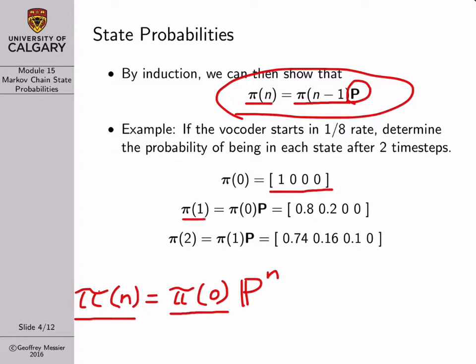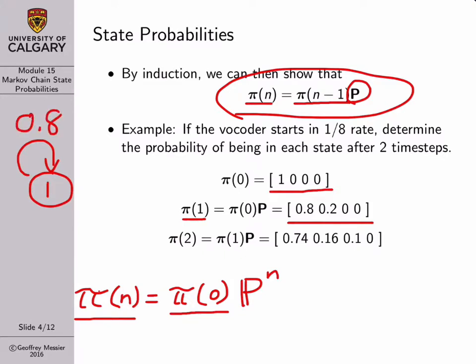After one time step, we can determine the probabilities of being in each state by multiplying pi0 by the probability matrix, and we get this vector. If you look back at our diagram for our Markov chain, state 1 had a loopback probability of 0.8.